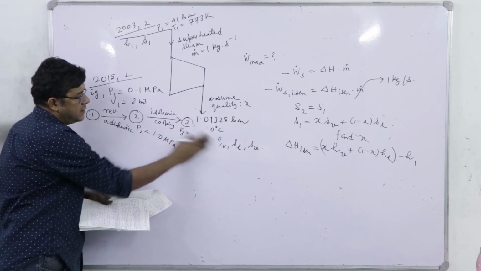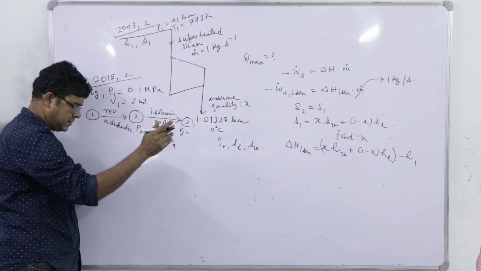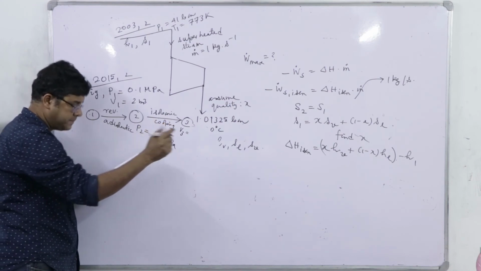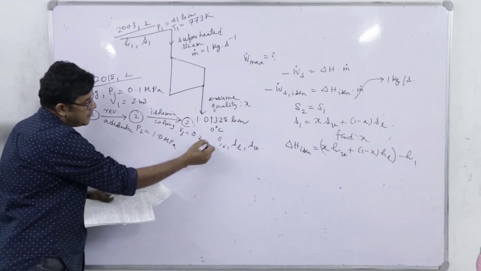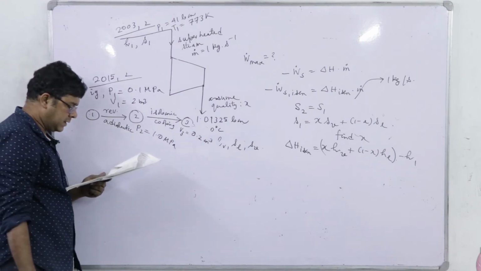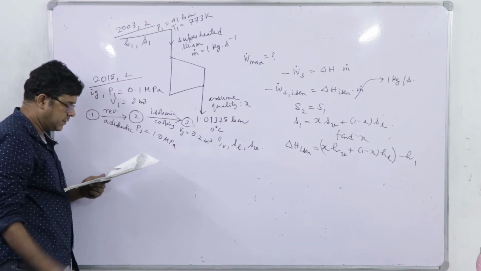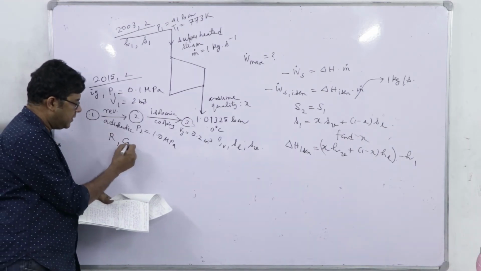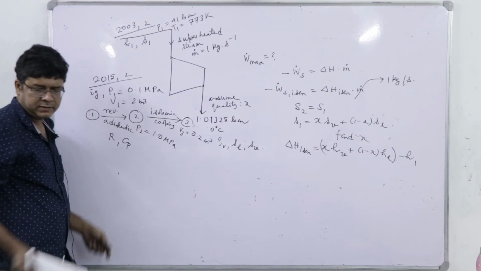So V3 is this 0.2 meter cube. You have to calculate the total work done on the gas for the entire process, given R and Cp are given.